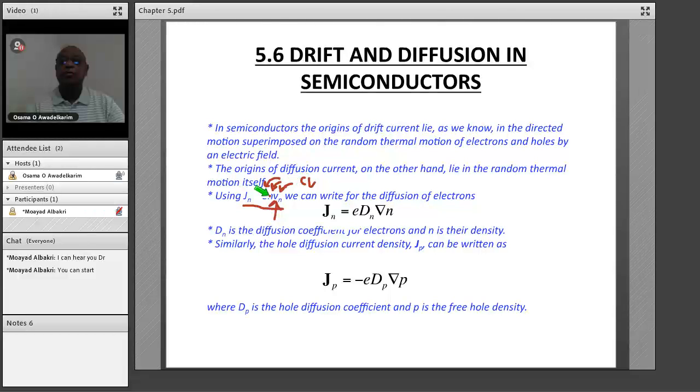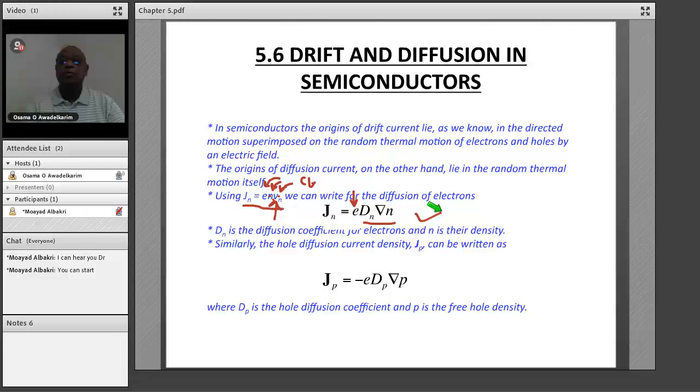That's the concentration of free electrons. And V is Vn, which is the velocity of free electrons. CVn should be replaced by minus Dn grad n. So your J will be J equals E, this is E, and this is your N Vn, which is simply Dn grad n. So this is the diffusion current of electrons in this semiconductor.